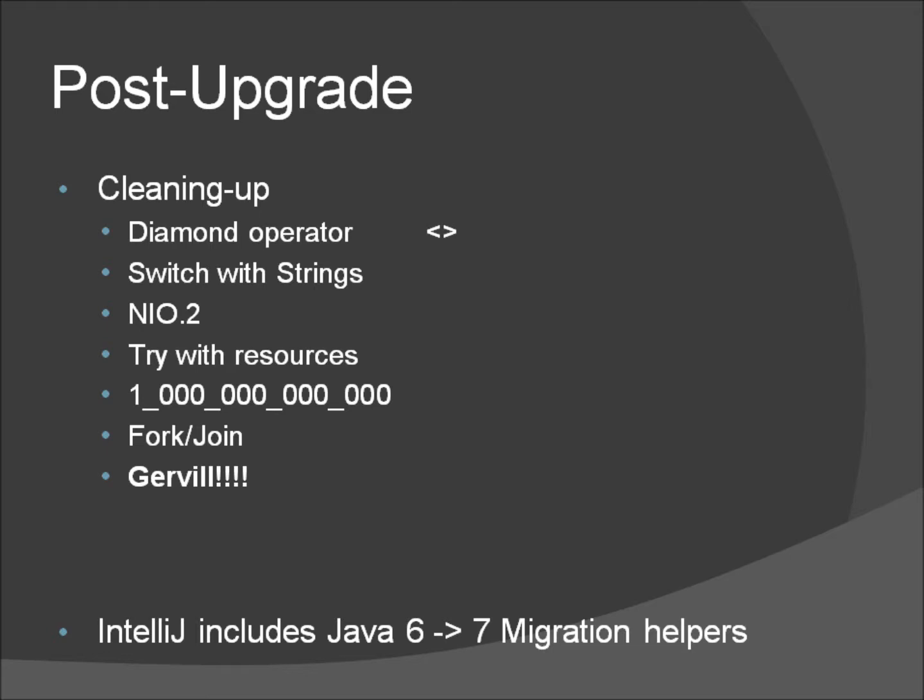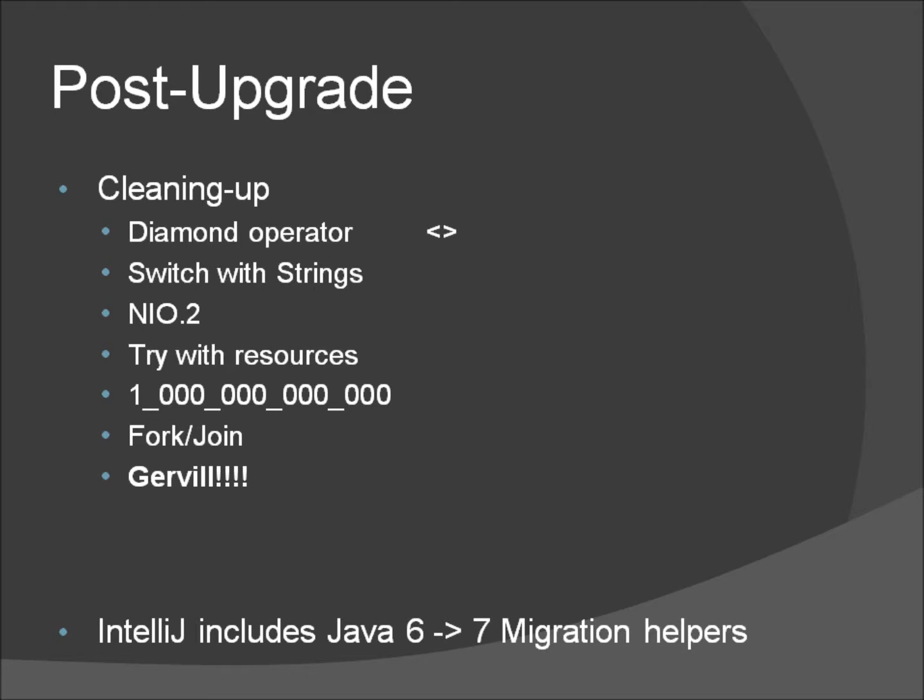For some of these, IntelliJ, for example, handles the ones that are a no-brainer. Does anybody know what the diamond operator is? Okay, the diamond operator is essentially this: if you have a map of a set or a list and you're using generics, you usually have to write the full type parameters. Now the diamond operator allows you to say, once you define it, equals new HashMap, and then you don't have to repeat list, open bracket, and so on.